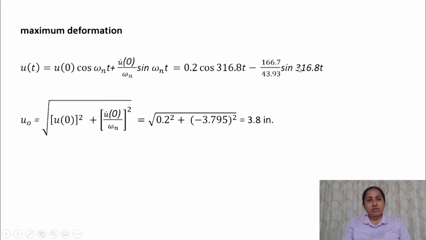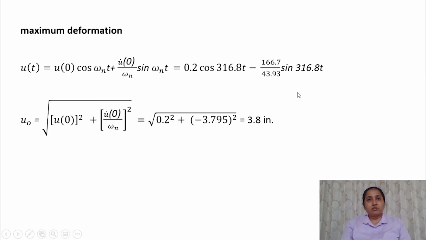And you can calculate the maximum deformation as square root of this term square plus this term square. So you can calculate the maximum deformation of the instrument inside the package.